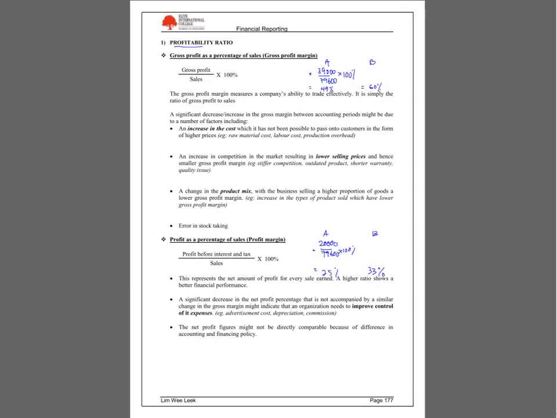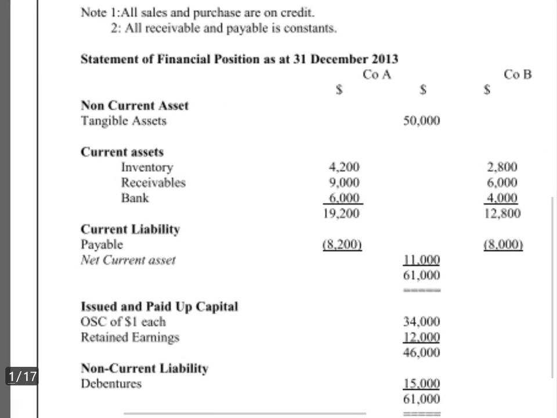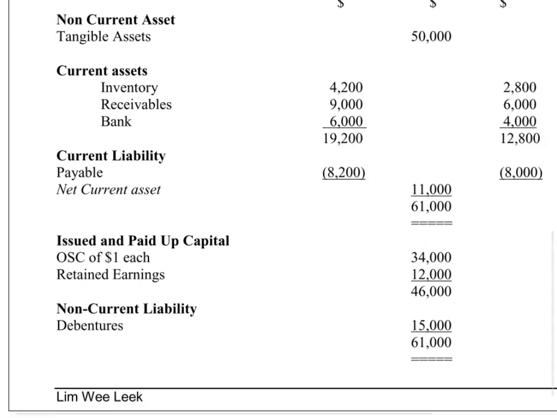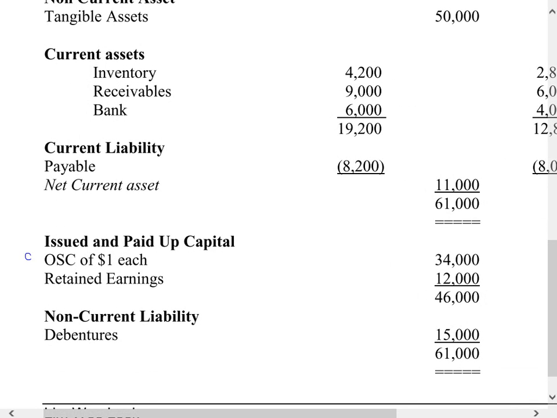You are correct with 61, because ordinary share is capital, retained earnings are reserves, 46 is my equity, and this is my debt. Therefore, this is my capital employed. So why do we call it capital employed?